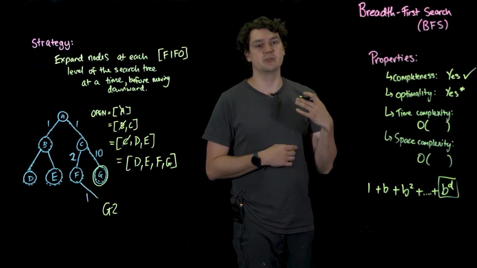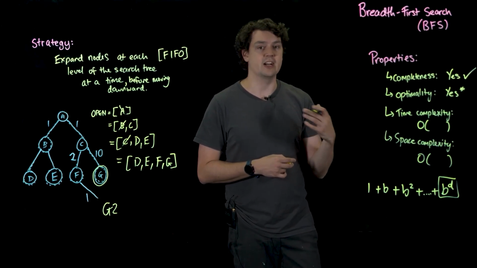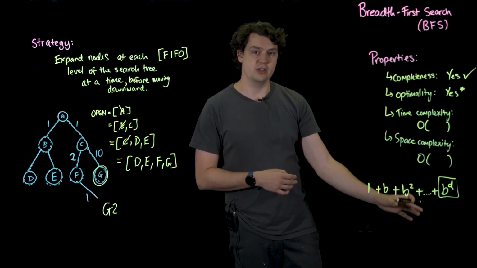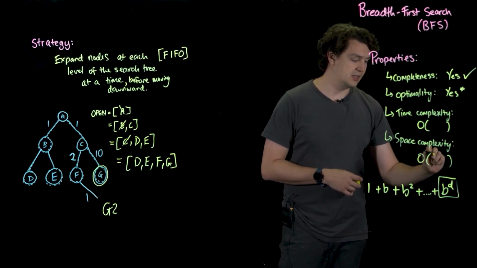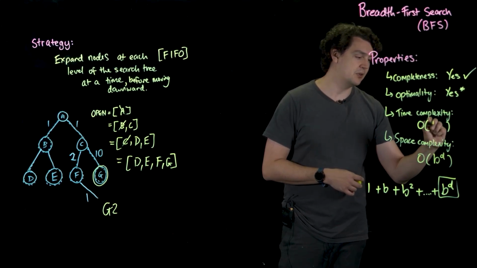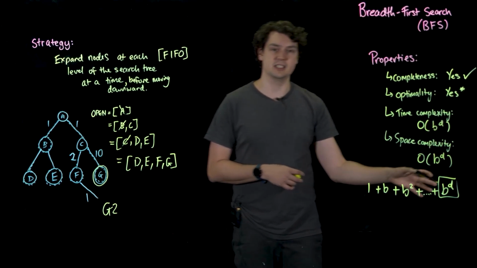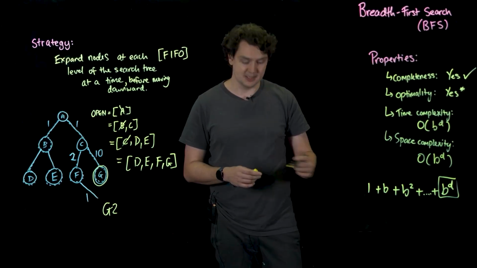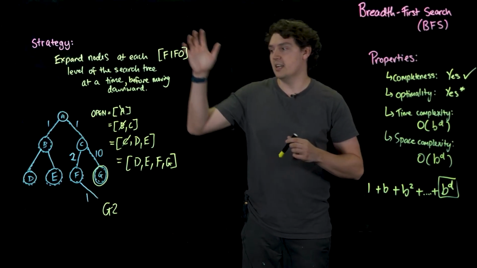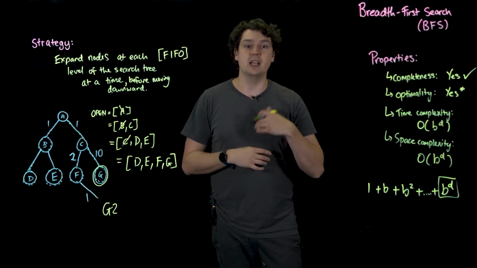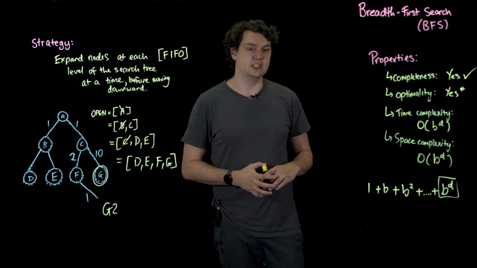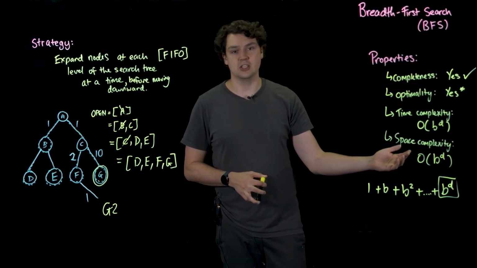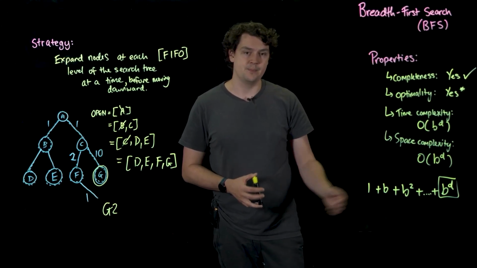It gives us the most informative idea over the actual growth of the algorithm and its properties. So therefore, both the space and the time complexity grow according to this. The way the algorithm progresses and the space it requires is the same, right? And so yeah, we would describe both of these as O of b to the d.